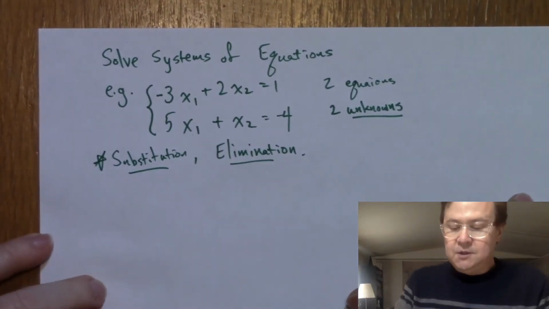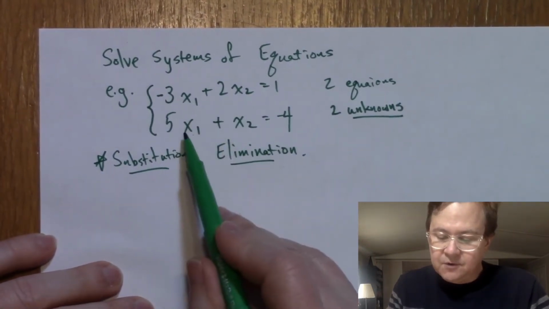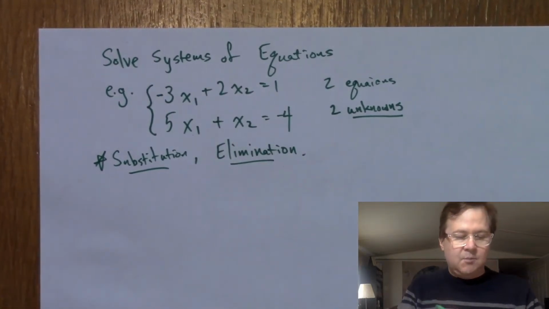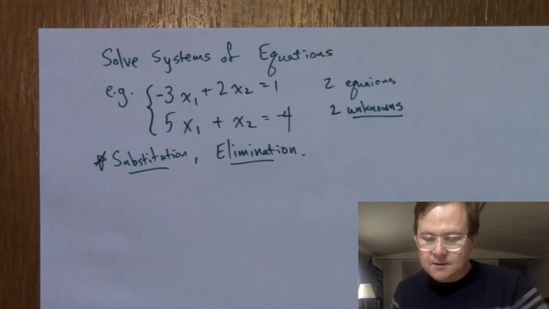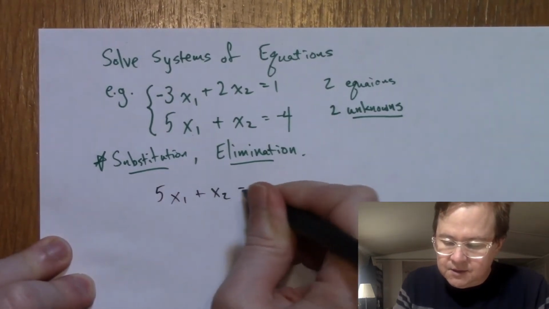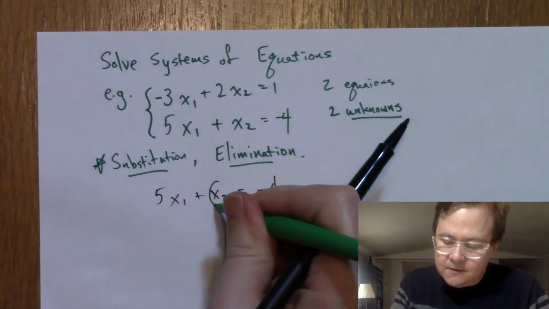So if you're solving this with substitution, what I'm going to do is pick a variable to solve for. I'm looking at the second equation here. And my idea is, let's take 5x1 plus x2 equaling negative 4, and we'll solve for x2.